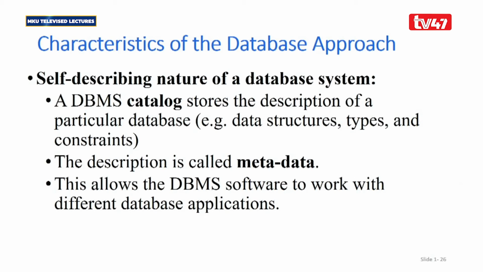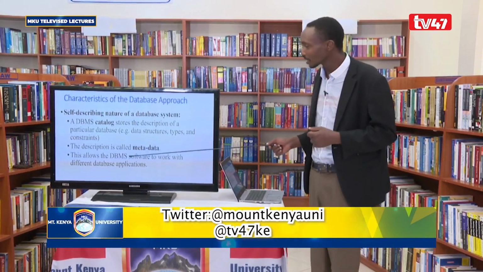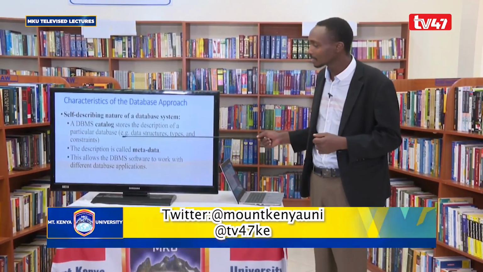So basically, a DBMS will let you store everything about the data. For example, it can allow you to store even data about the data itself, that is, the data that is describing the data.